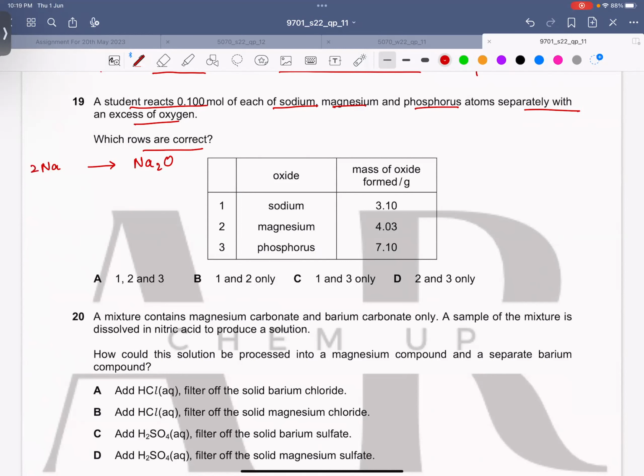So sodium is balanced by 2. If we do the calculation from this data, 46 grams of sodium forms 78 grams of sodium oxide. So here we took 0.1 mole, right?